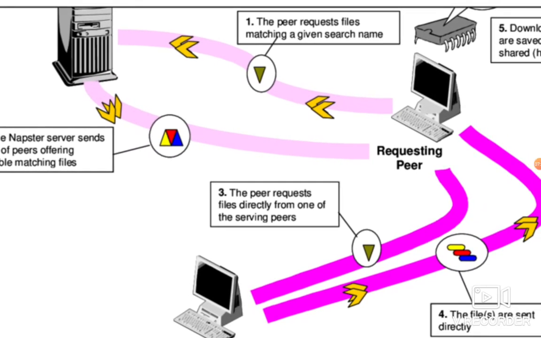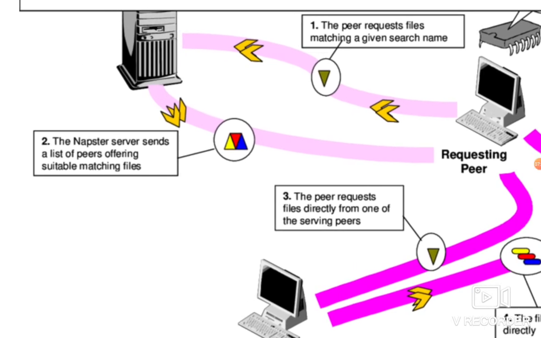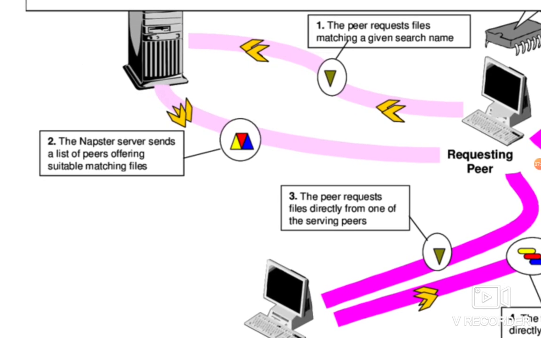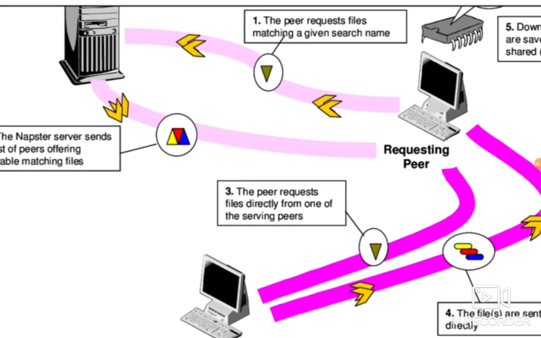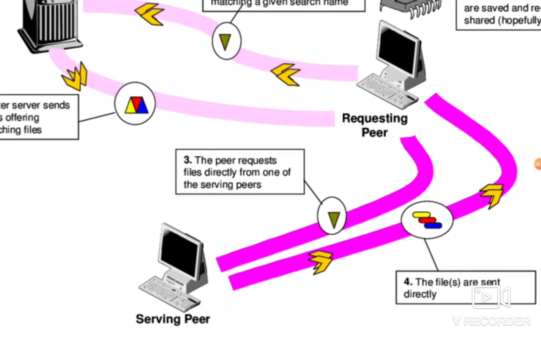See the figure. In the peer-to-peer network, the peer requests the file by giving the name of the particular file. The request is given to a server. It is not a full server, it is a mediated server. This mediated server tells in which nodes we have the music files.